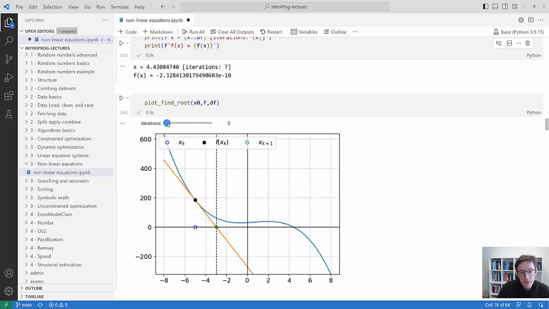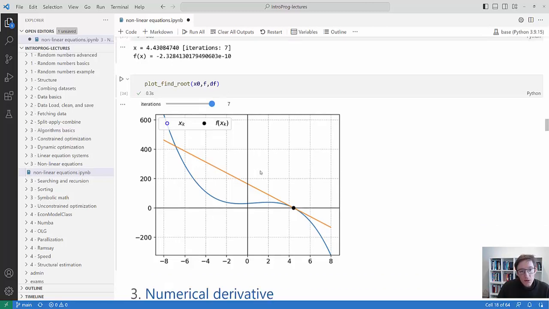If we take a step forward, we now guess there, but the function value is not 0, so we do the Taylor approximation again, and we have a new guess. We can simply continue doing this, and at some point we overshoot and get on the other side, but then eventually we converge to our solution. So that's basically how the Newton method works. You can play around with this a bit yourself and try out some other initial values if you want to understand it in more detail.